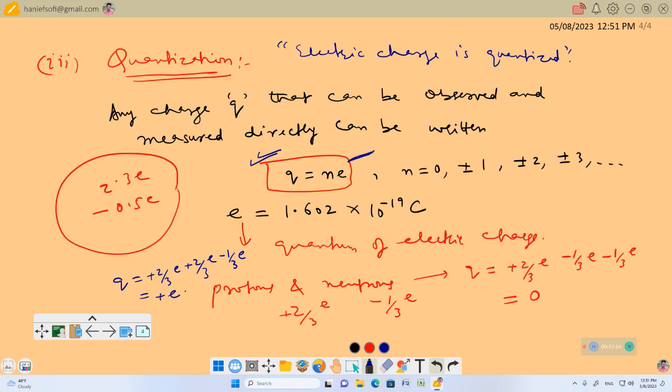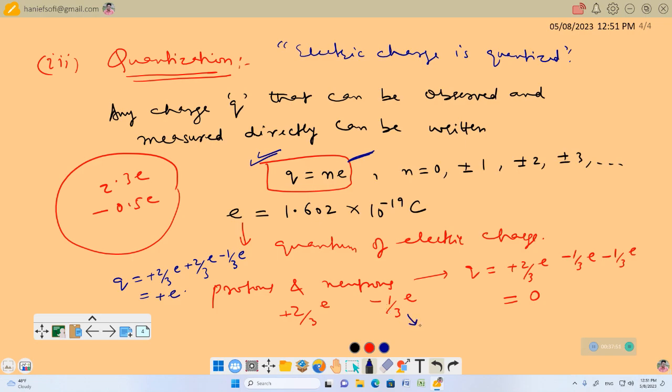And charge is quantized. Charge exists in such a way that the smallest value of charge which we directly observe from an object is 1.602 times 10 to the minus 19 coulomb. All higher values are integral multiples of this, and there is no issue with the internal structure of protons. We said that inside protons there are quarks. A proton is composed of three quarks, two up, one down. A neutron is composed of three quarks, one up and two down.